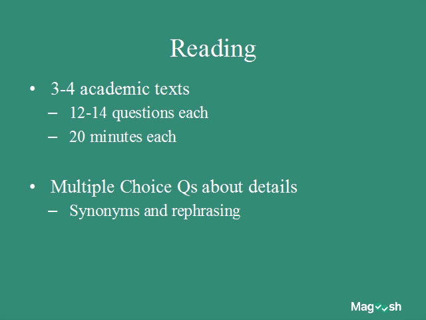So that's why they rely heavily on synonyms and rephrasing. If you can identify that these words mean the same thing and the grammar structures mean the same thing, then that's likely going to be the correct answer because it matches the text. So wrong answers are created by using incorrect synonyms, words that don't really represent the meaning of the text, and by changing the structure of a sentence or an idea so that the grammar doesn't make sense.